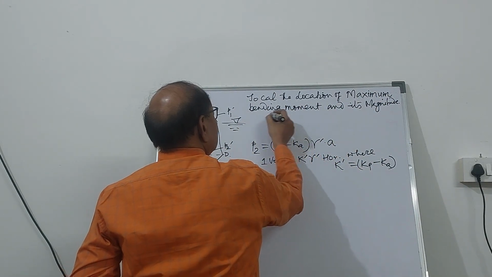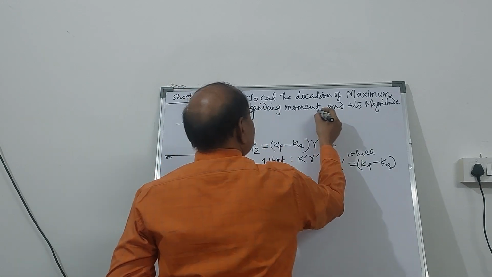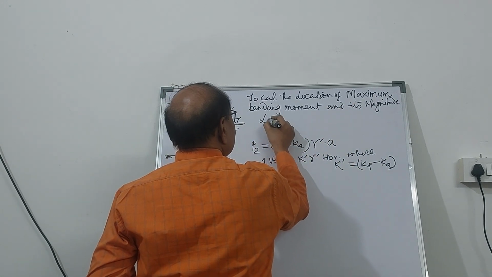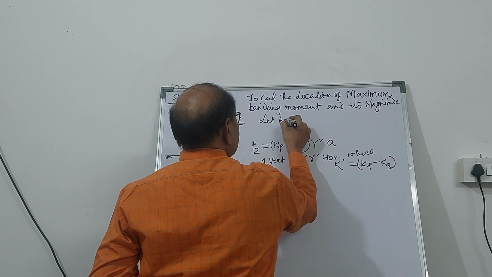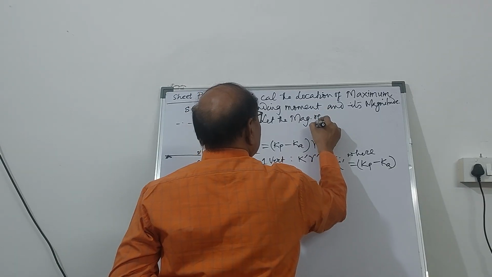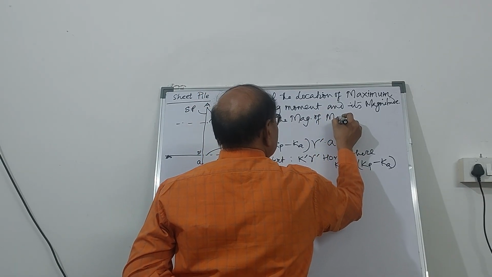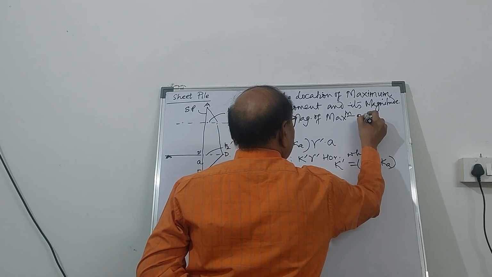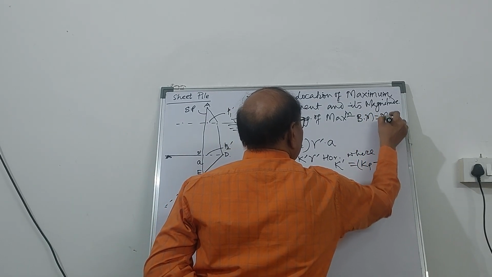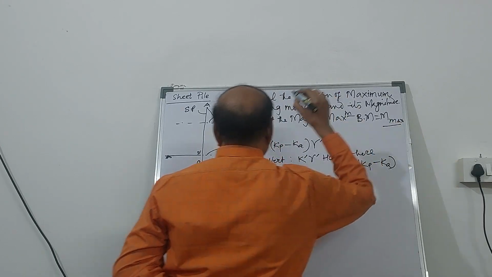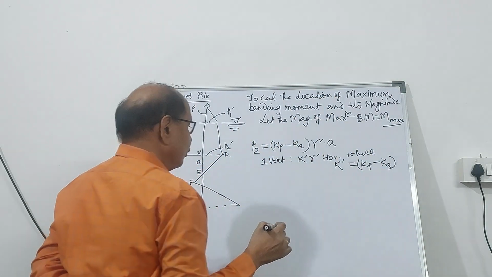So let's say the magnitude of maximum bending moment equal to M max. M max is the maximum bending moment.